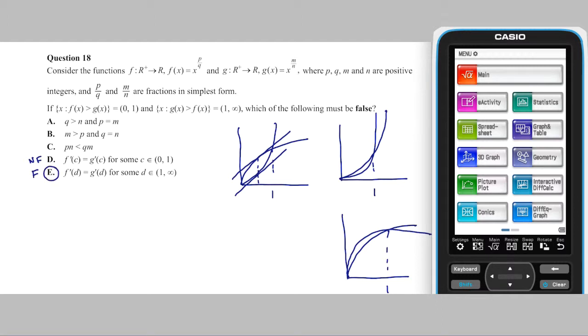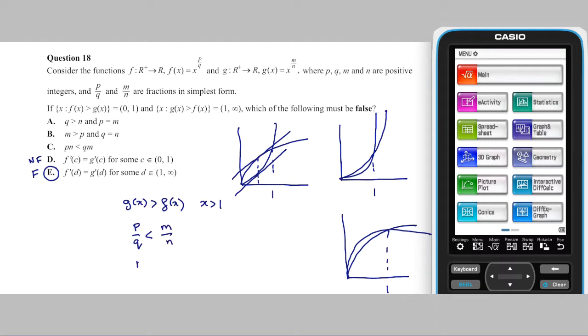Additionally, if you look at the information g of x greater than f of x, for x greater than 1, this means the exponent of g must be larger, and hence p over q, the exponent of f, must be smaller than m over n.